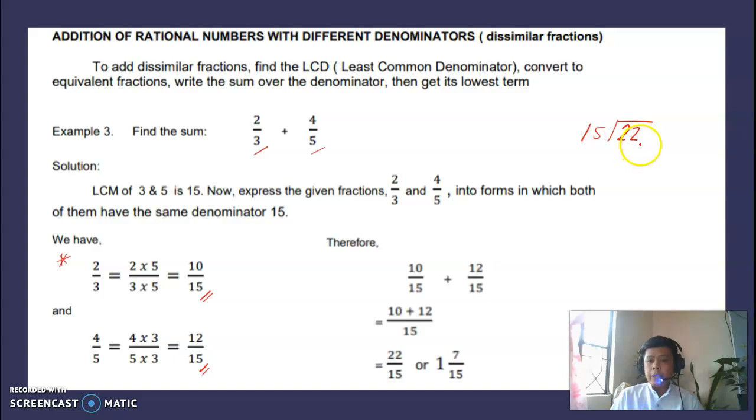Ilang 15 meron sa 22? 22 divided by 15 is 1. 1 times 15 is 15. And then, ma-minus natin, 7 ang magiging difference. So, yung 7 na remainder ang magiging numerator, tapos yung 15 natin na divisor ang magiging denominator. So, 1 and 7/15. Ganun lang siya kasimple. Okay?